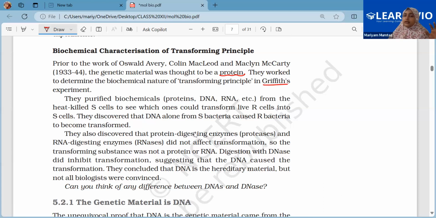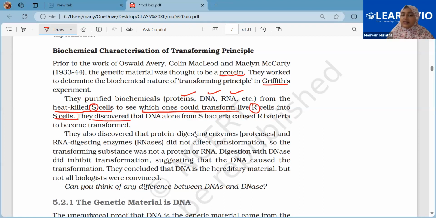So now Griffith had done his experiment. Now a question can be asked: who did the biochemical characterization? So you should know Avery, MacLeod and McCarty did it. What they did is that they purified biochemicals such as protein, DNA, RNA from the heat-killed S cells, the smooth cells, to see which ones could transform the living R cells into S cells.